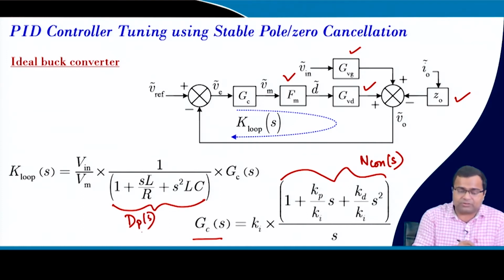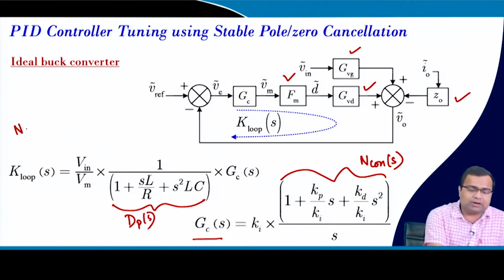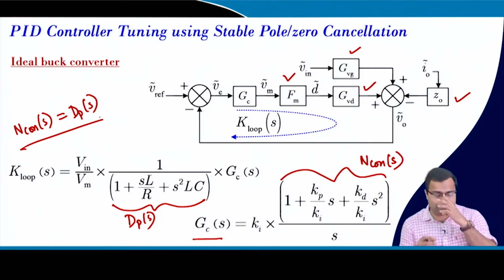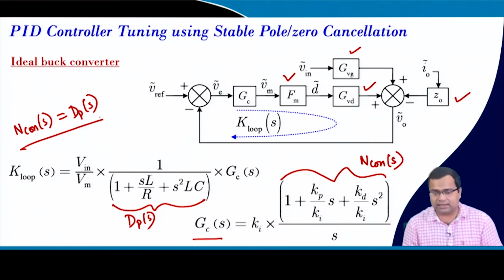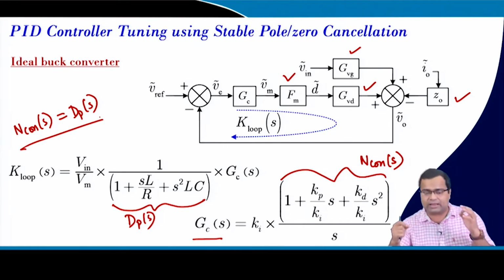Okay, that means the numerator of this controller in s, we want to make exactly equal, but I will discuss that this is a non-robust compensation, and in the next lecture we will discuss, if you cannot cancel exactly, what could be a better way.